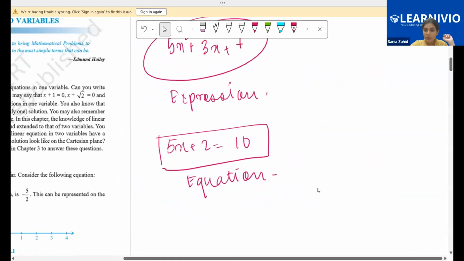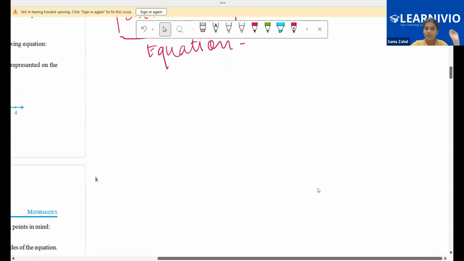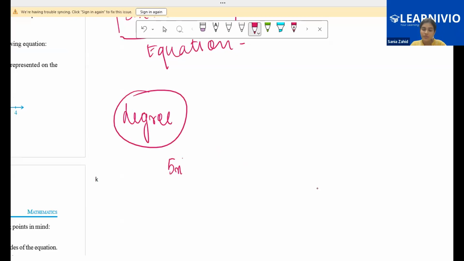See children, if you remember, for algebraic expressions we used to have the degree of the polynomial. Even in polynomials, we studied this. Do you remember degree? Yes, ma'am. For example, say 5x square plus 3x plus 2. If I say this polynomial, what is the degree of this polynomial? Quadratic.